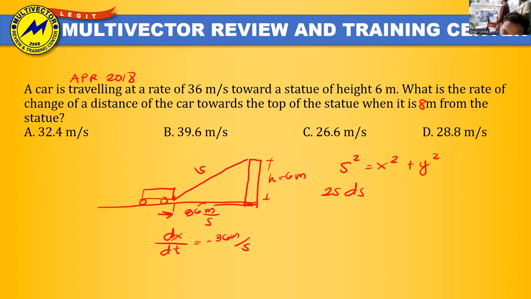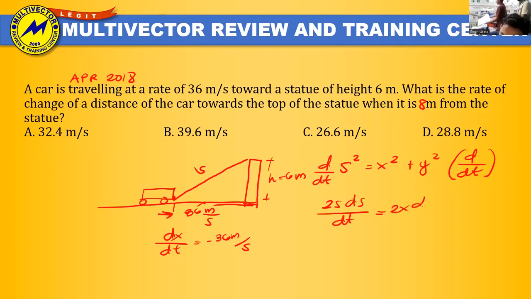So with respect to time, 2S ds is just equals to 2x dx all over dt plus 2y dy all over dt.